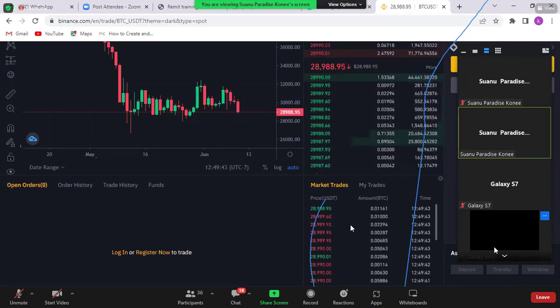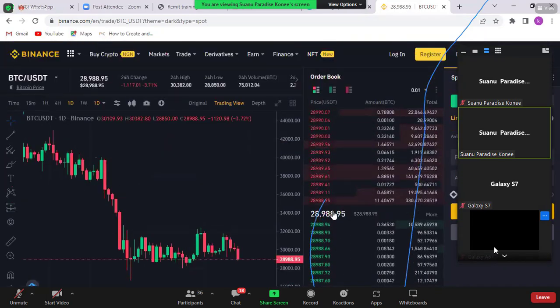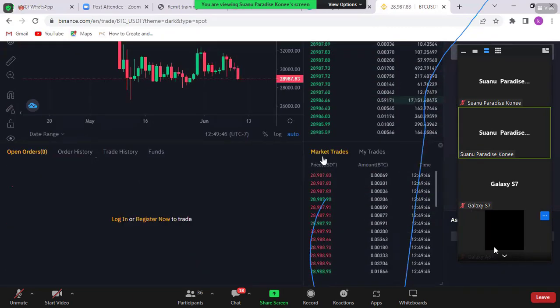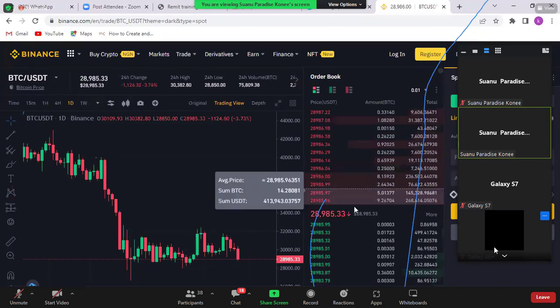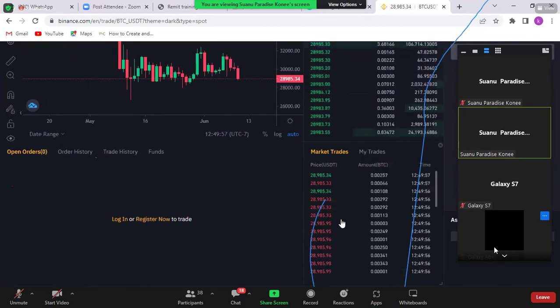This one here, comprising both green and red, is called the matching agent, right? It indicates the number of persons that want to buy and sell altogether. That is what it means.